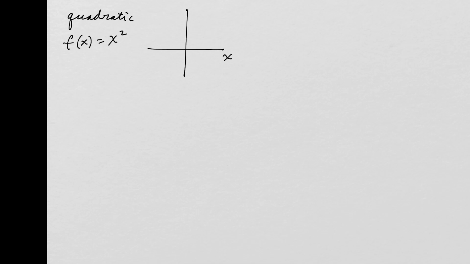Okay, then we had quadratic. So that was f of x equals x squared. Remember, that was a parabola, so like this. In this case, it's decreasing from negative infinity to 0, and it's increasing from 0 to positive infinity.